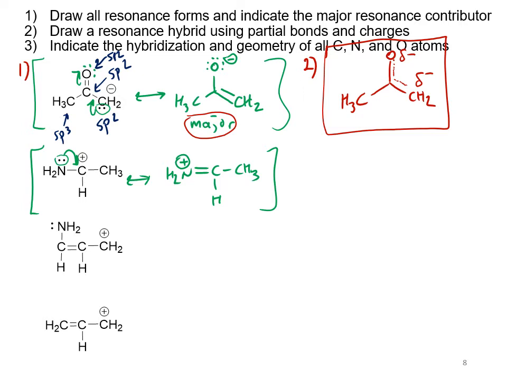If we draw the resonance contributor, or the resonance hybrid, we now have a system that has partial charge on both the nitrogen and the carbon.